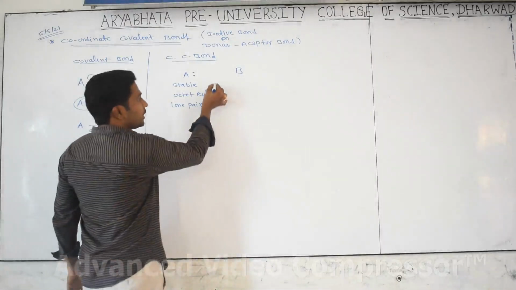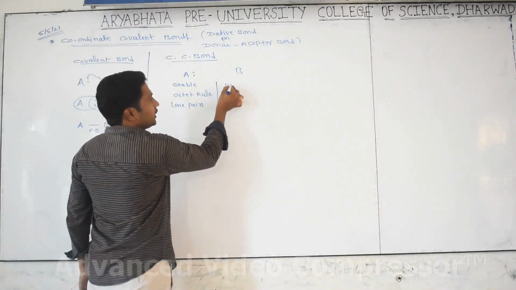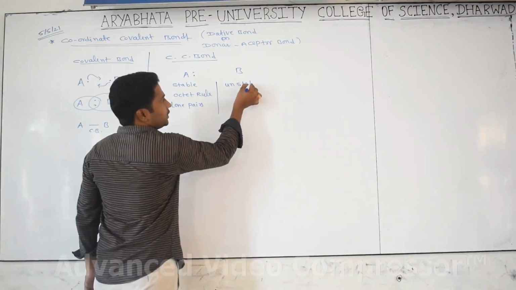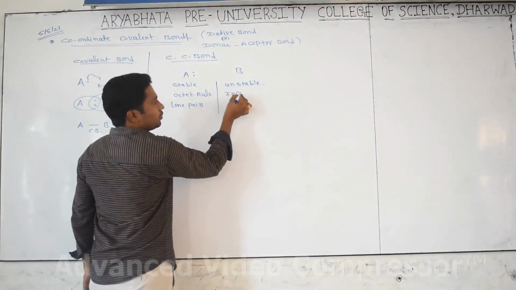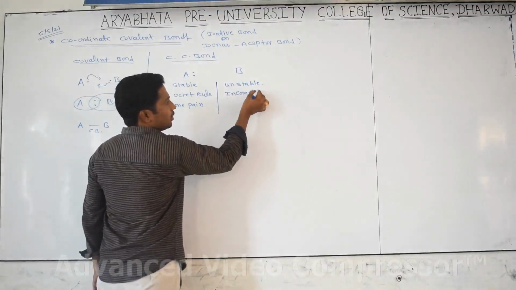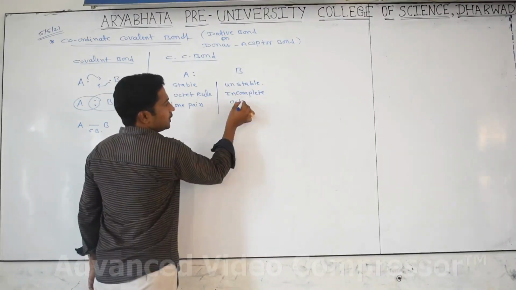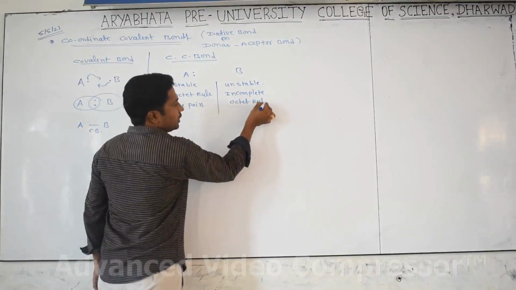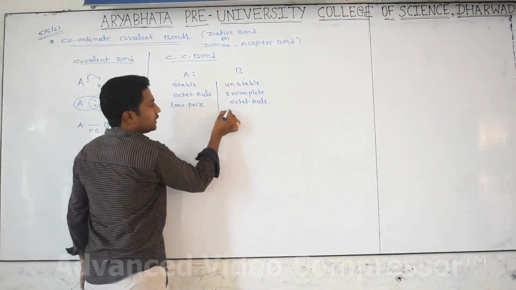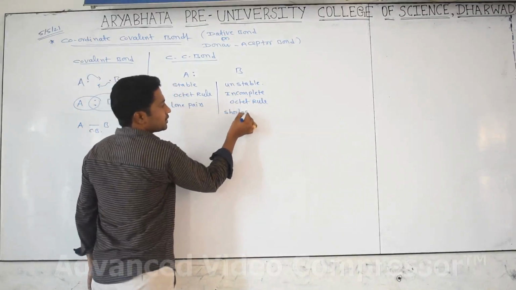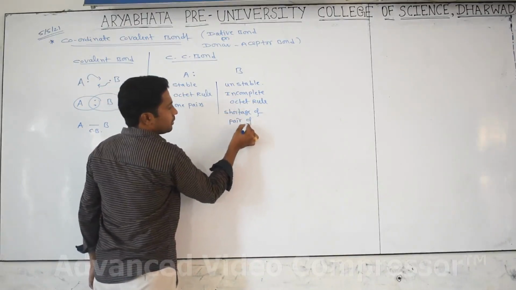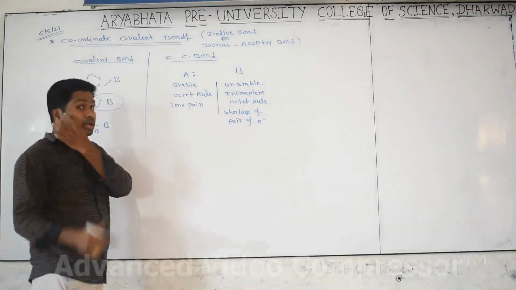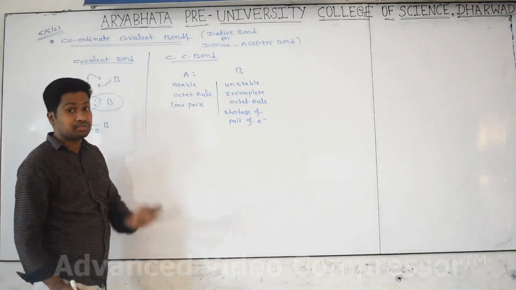And what about the B atom? Right now it is unstable. B is right now unstable because of an incomplete octet. For the octet rule it has a shortage of a pair of electrons, meaning after receiving two more electrons it becomes stabilized.